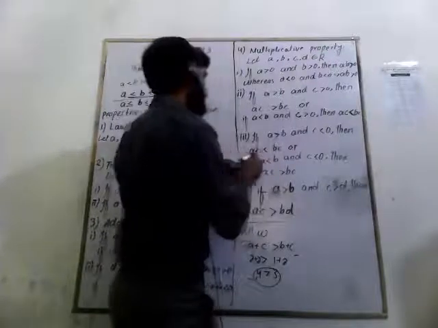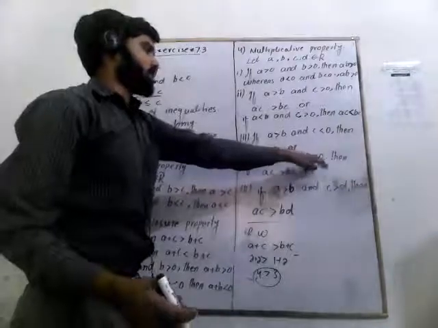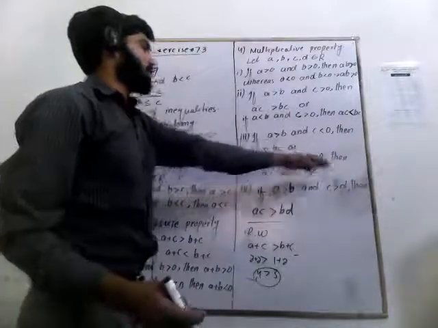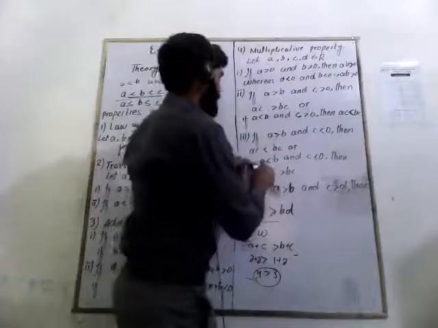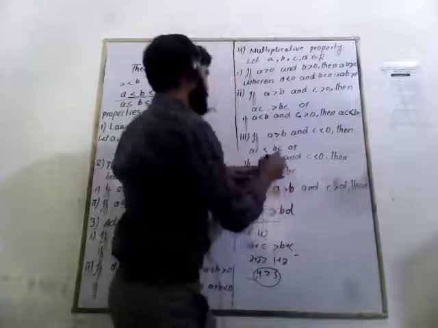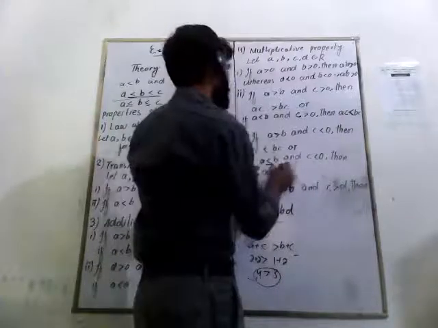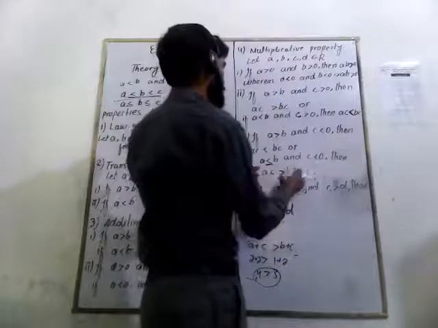Or you can say if a is less than b and c is less than 0, meaning a negative number, then c is multiplied with a into c, and the inequality sign will change. So the less than sign becomes greater than after multiplication, giving b into c.